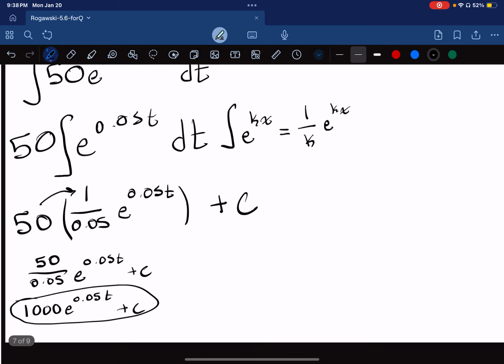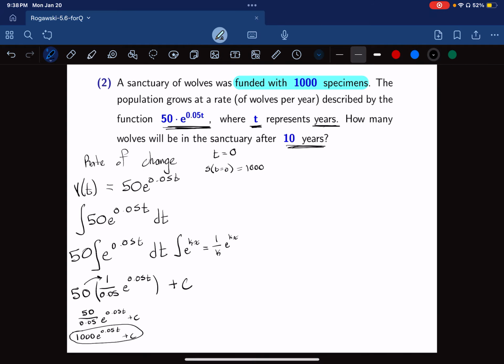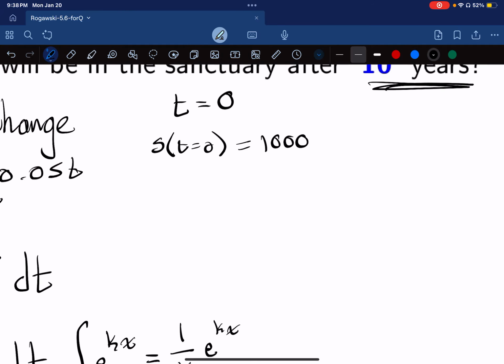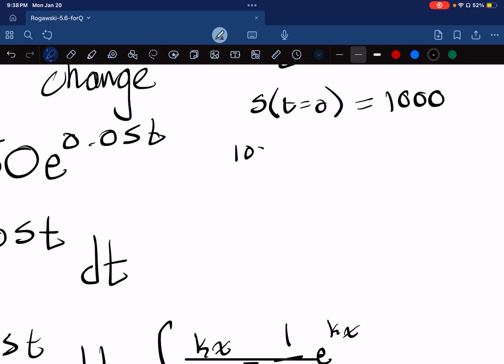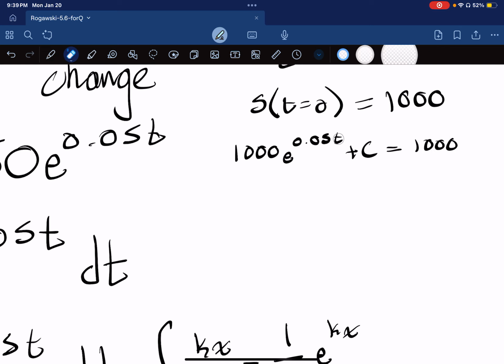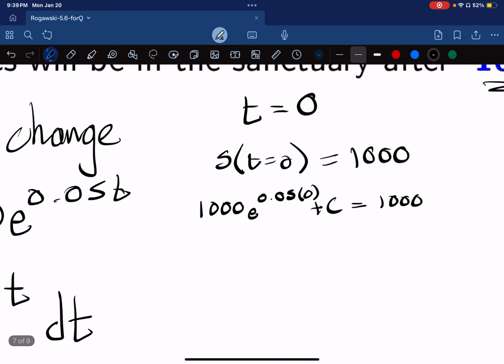So what we can do here is set our position equation, which is currently 1,000 e to the 0.05t plus c, equal to 1,000. And we have to set t in this case equal to 0.